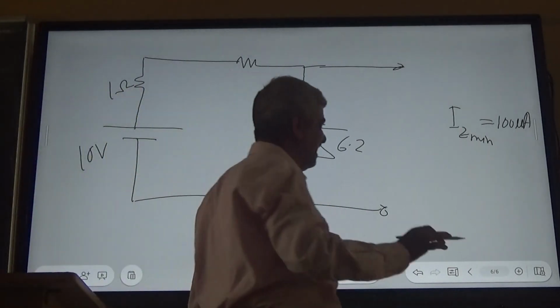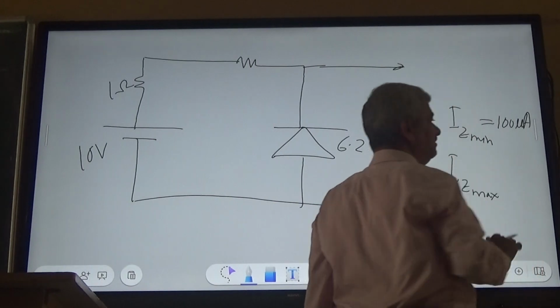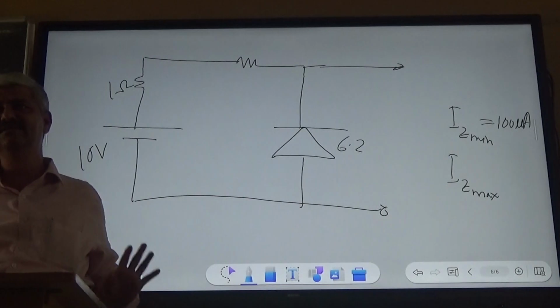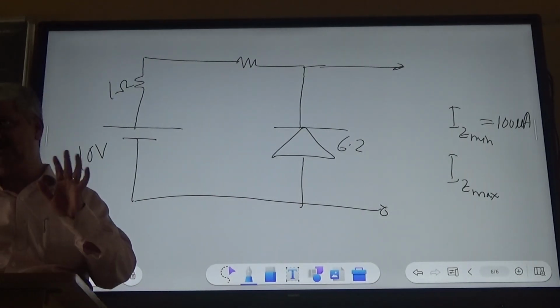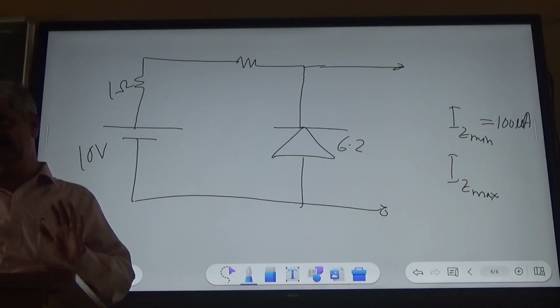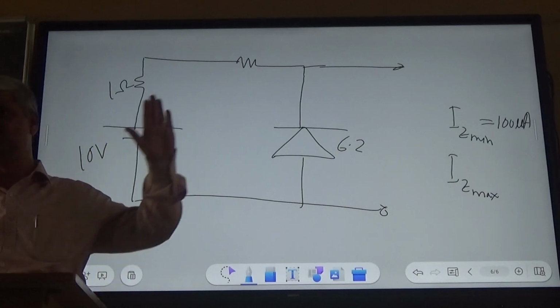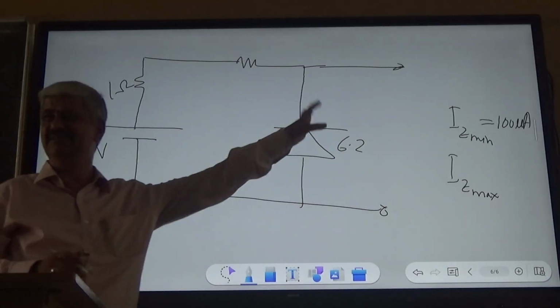And there is IZ max also, not so critical, it is the current which should not be exceeded to keep the Zener in good condition: the reverse current through the Zener should not exceed IZ max.